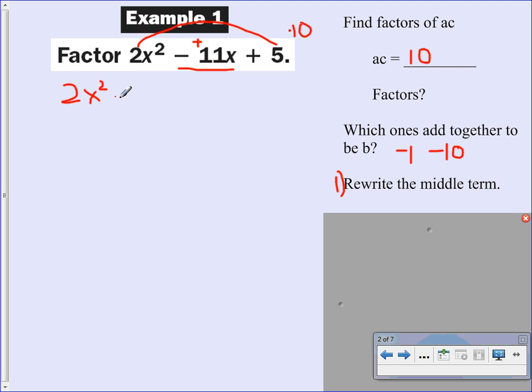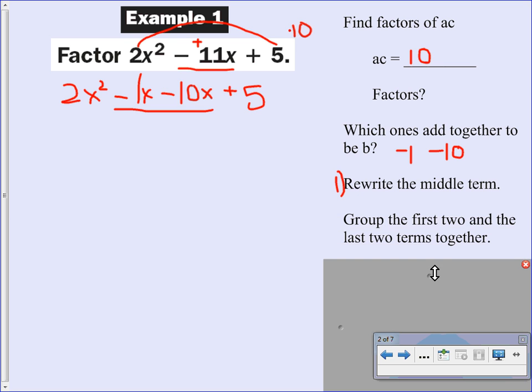So let's write this as negative 1x minus 10x. If you take negative 1x and subtract 10x, that gives you negative 11x. We have just rewritten that middle term using the two factors we figured out. So that's going to be your key difference.